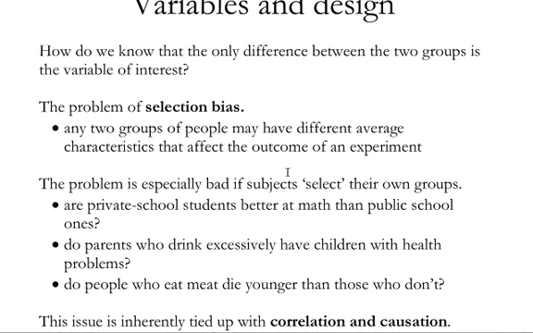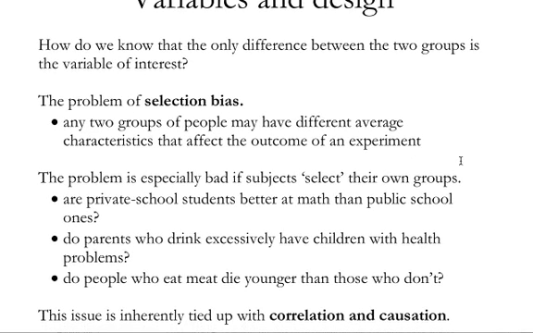Here's a real life example, this last one. Do people who eat meat die younger than those who don't? The answer is yes. This has been confirmed over and over again. So can we conclude that eating meat causes you to die younger? The answer is no. Why is that? Because this is not a controlled study where you're making some people eat meat and making other people not eat meat.